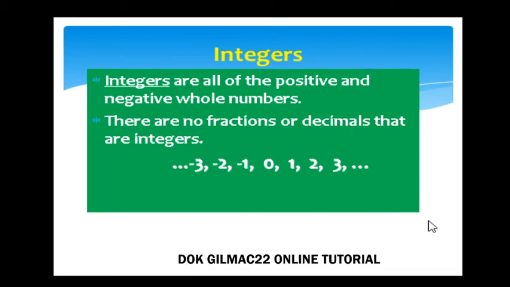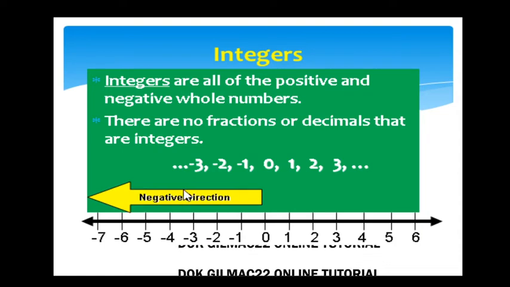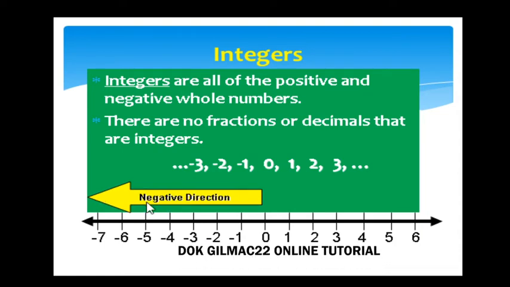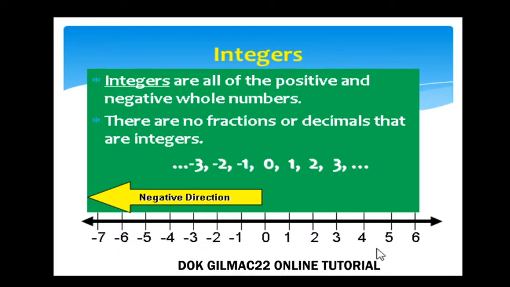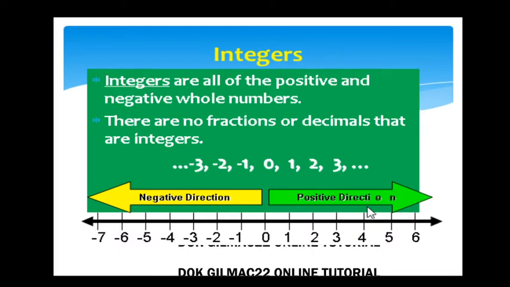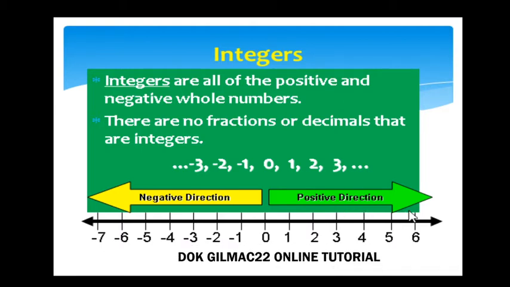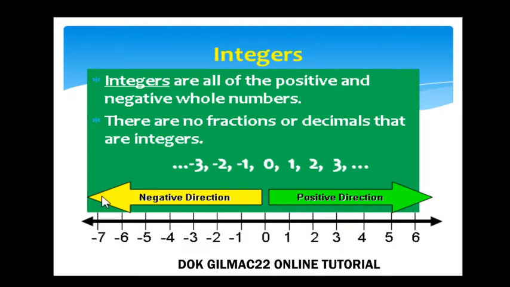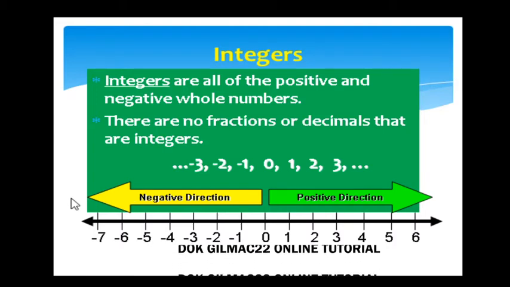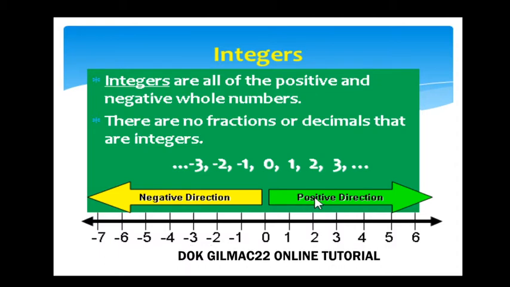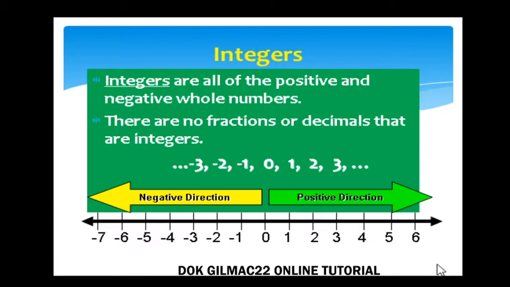So consider the number line here. The direction to the left is actually the negative direction. Then the direction to the right of 0 is actually the positive direction. So the negative direction is up to negative infinity, while the positive direction is up to positive infinity.